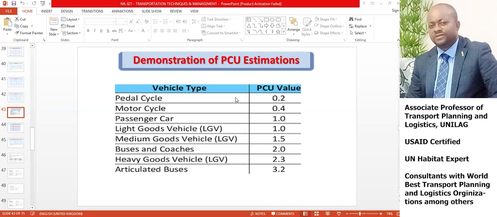What is going to be our PCU value for the bicycle? If this is 300, what will be the PCU of the bicycle? 300 times 0.2. What do you have? 60. So you have 60 here.